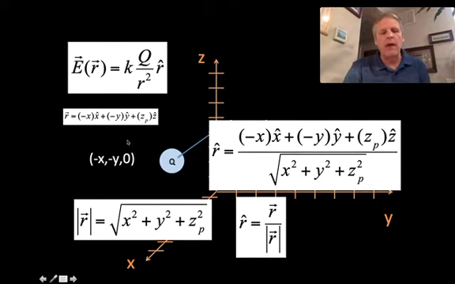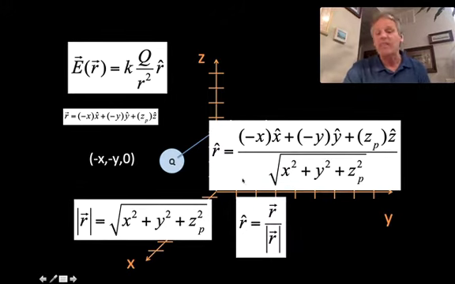Our vector we have right up here, and remember once again, this is a generic form. So for any xy value this works. And for this particular point, we would put in a minus x in place of x. In other words, the value of x here is negative x, whatever that happens to be. And the same thing here with y, and z sub p is just the height above the plane at which we are measuring.